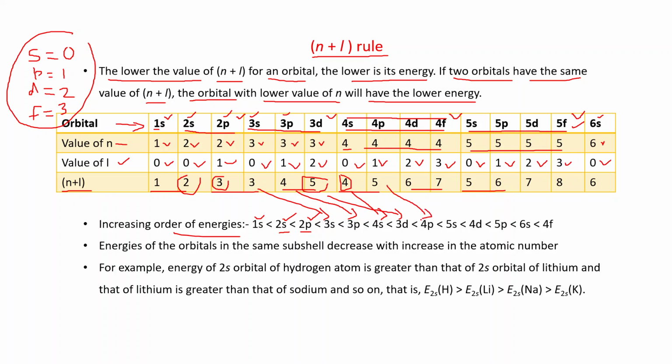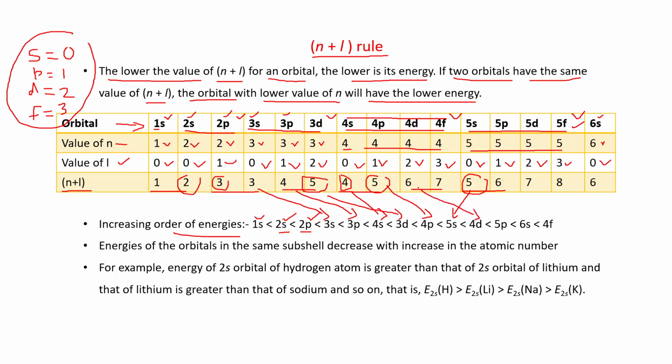Then after 4p, which orbital or which subshell will come? 4p has the n plus L value equal to 5. Then we can say this is again 5s. Then after 4p, this is 5s. Then after 5s, this is 4d.